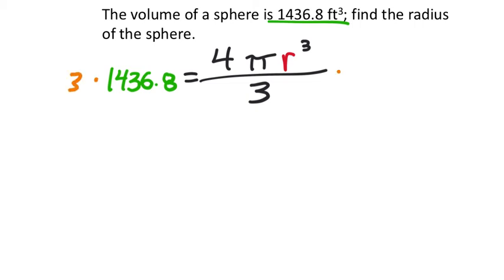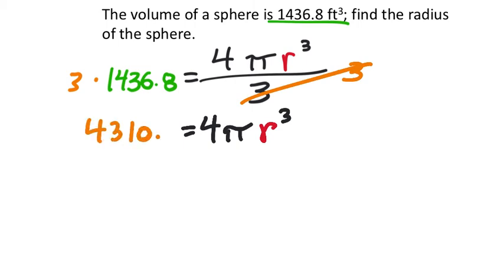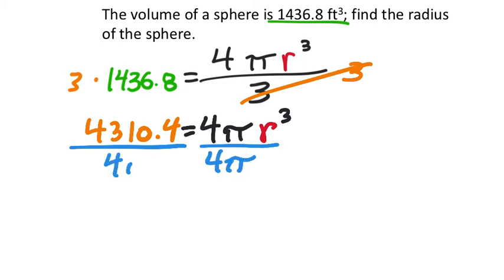Once again, multiply both sides by 3 to make that a phantom 1. So I got 4 times pi times the radius to the power of 3, which equals, let's see, 3 times 1,436.8 equals, in my calculator, 4,310.4. And then, just like we saw in that last one, we're going to divide both sides by 4 times pi.